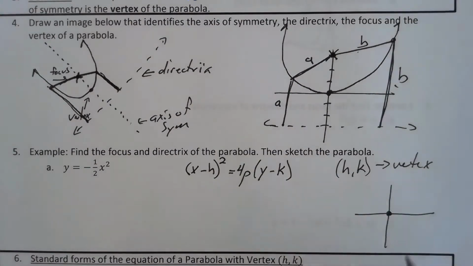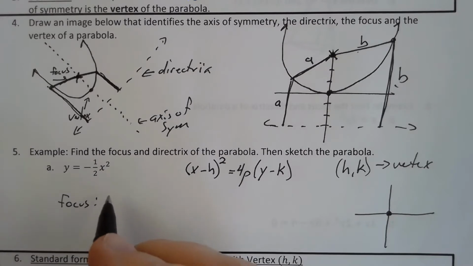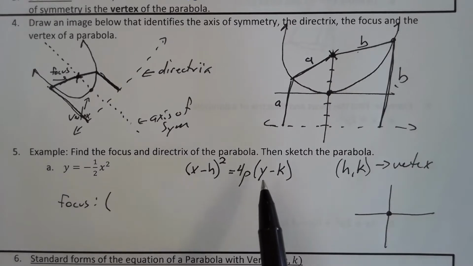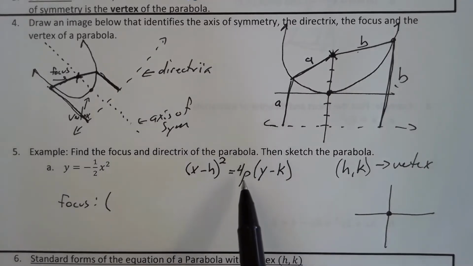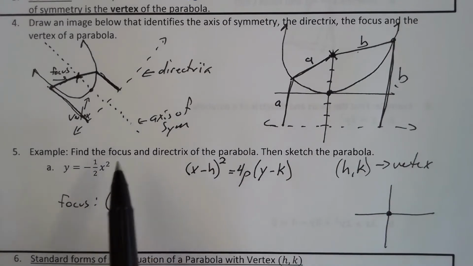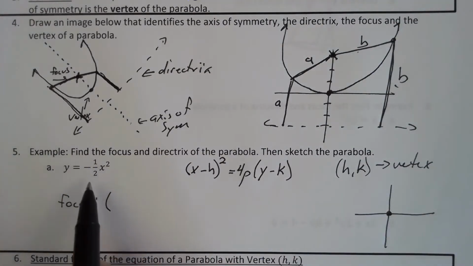If this is my vertex, (h, k), then I can very easily find my focus. 4p sits with the y value, so the p, which is the distance from the vertex to the focus and the distance from the vertex to the directrix, you're going to take that p value and add it to the y value of your vertex to determine exactly where your focus sits. Again, you're going to add it. Now, p, keep in mind, could be positive or negative, and in this case, I'll be able to solve for that p value, which I will do.